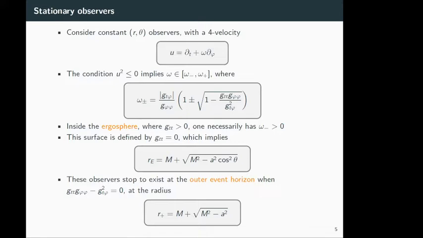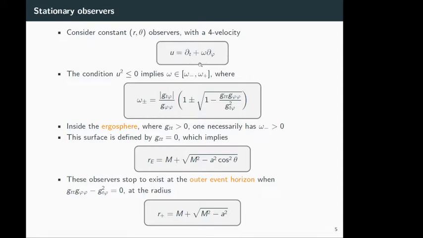So let's consider stationary observers, which lie at constant r and theta in the usual Boyer-Lindquist coordinates that I wrote earlier. So let's consider some observer with some time component and also some rotation along the phi direction.